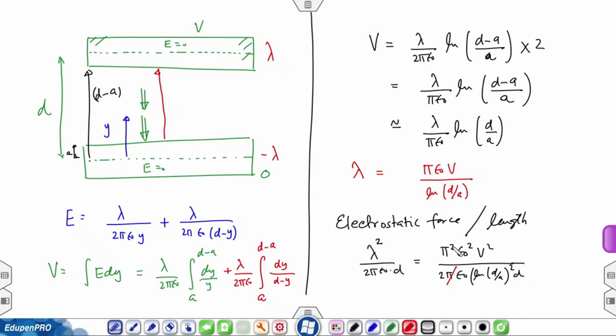One pi cancels and you get the force to be equal to pi epsilon 0 V squared over 2 epsilon 0 d, log of d over a, whole squared. That is the electrostatic force.